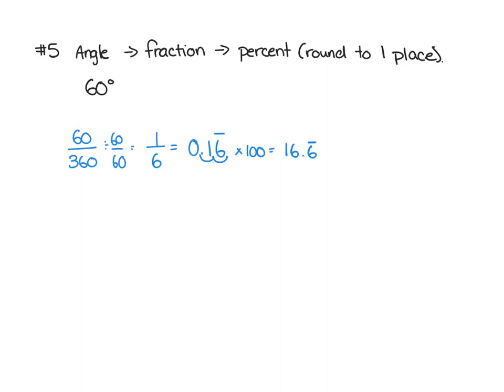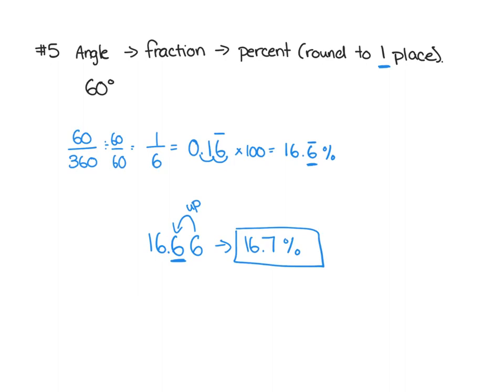So we'd still have infinite sixes coming after it, but they ask us to round it to 1 decimal place. So we want it to end where the 6 is. So the number that would come after the place that we're rounding to would be a 6, which tells us that the number we're rounding to has to go up because it is 5 or greater. So this would round to 16.7%, and that would be your answer for that one.